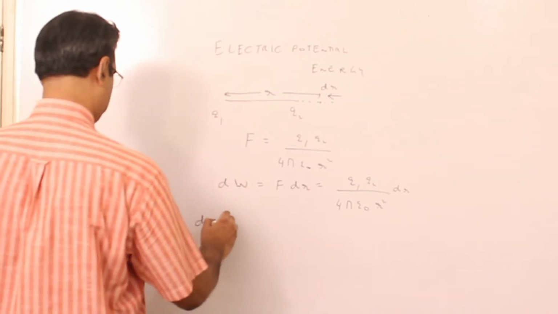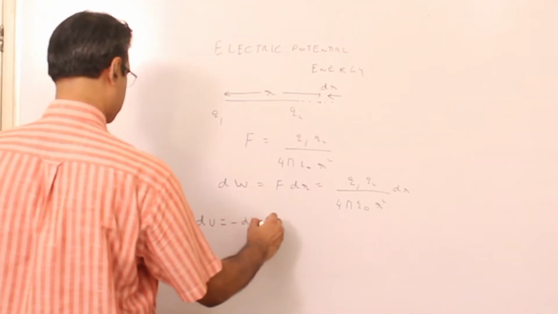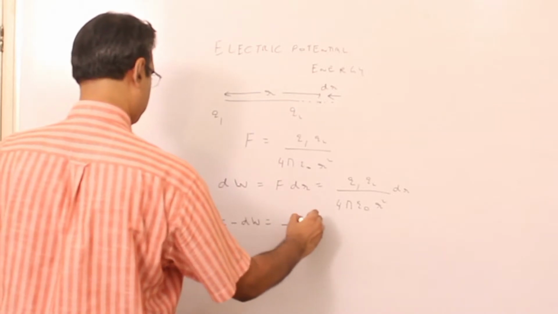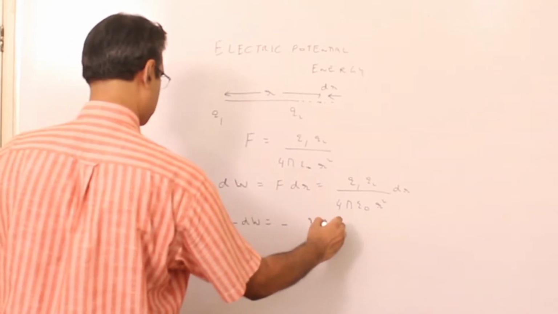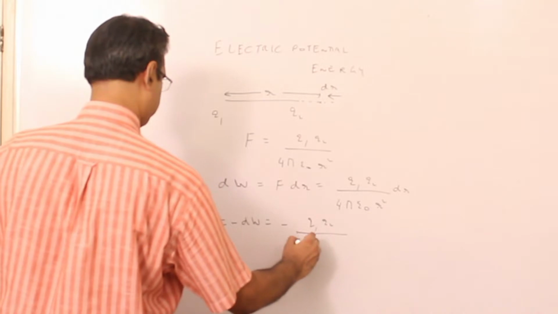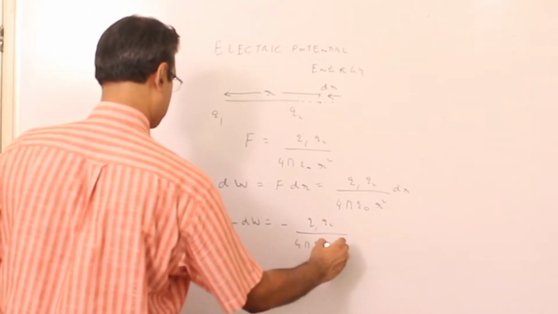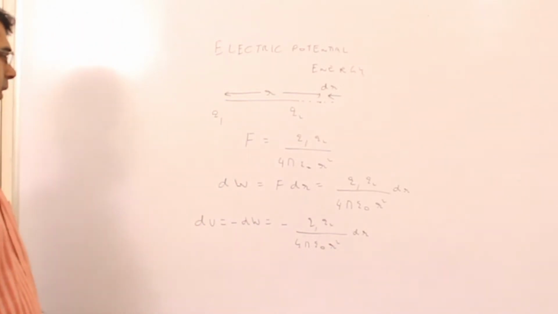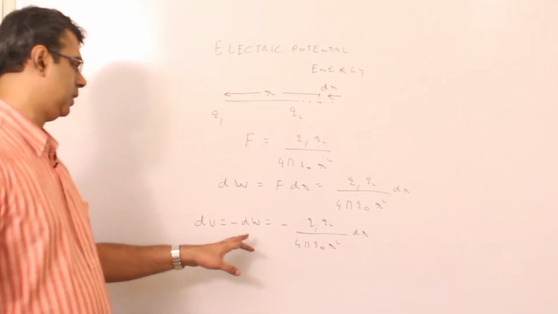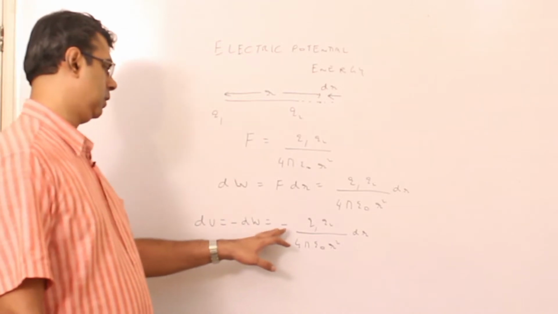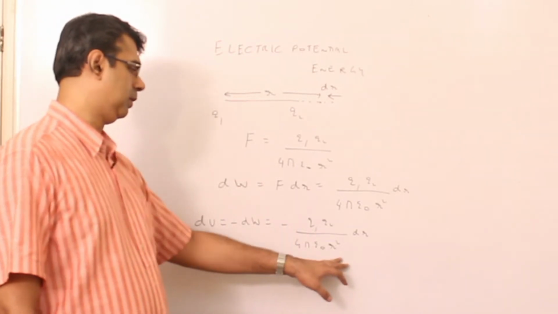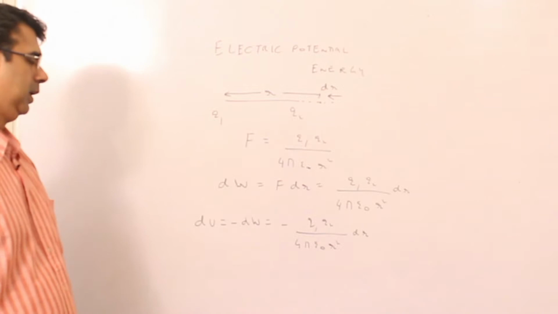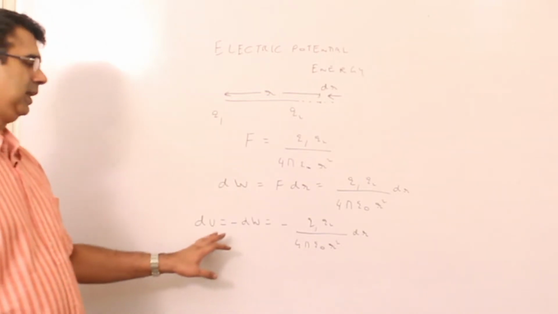Now the work done by a force is equal to the negative of change in potential energy, or you may say that the change in potential energy is negative of work done. So it is minus of Q1 Q2 by 4 pi epsilon naught r square into dr. From where did we get this result?